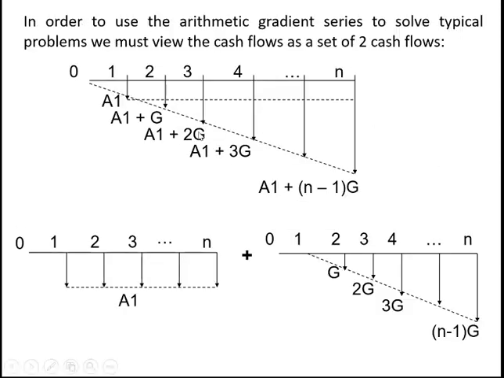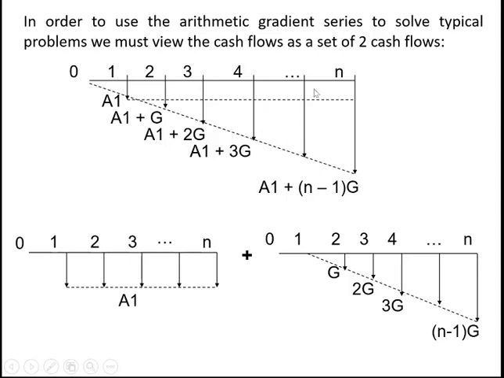We use this cash flow diagram. N is 10, A1 is 5,000, and G is 2,000.